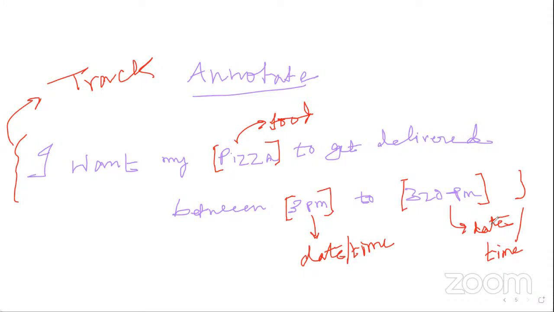Okay, now what was the limitation of this? The first limitation is that you need to spend a lot of time annotating this. Annotating each and every word is a very tedious task. You cannot do the annotation so easily.